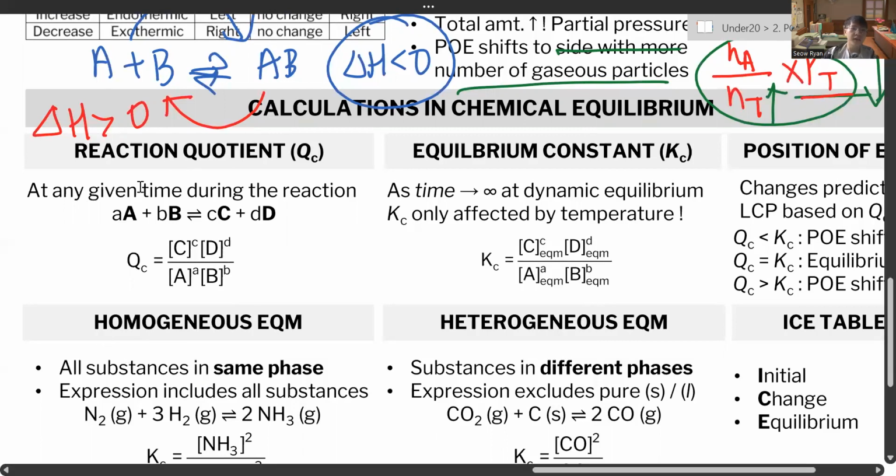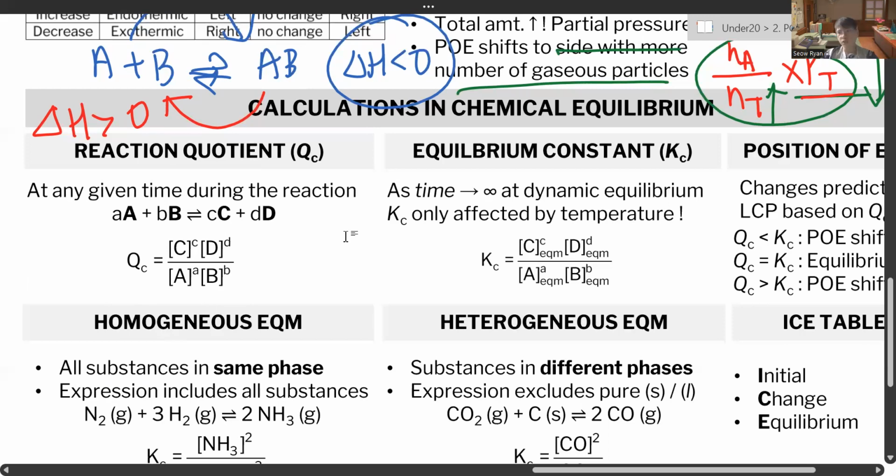So I think we know how to find a ratio, right? Okay, so it's always products over reactants, right? Products over reactants. And we raise the concentration of the particular thing to the power of the molar coefficient. So in this case, it's C to the power of small c and D to the power of small d, blah, blah, blah. Now the reaction quotient, Qc, is the ratio at any point during the reaction.